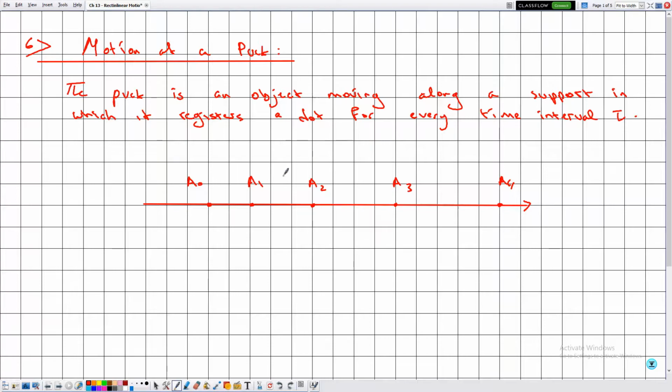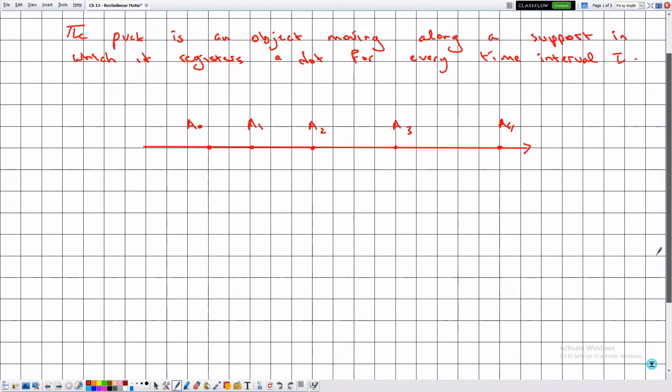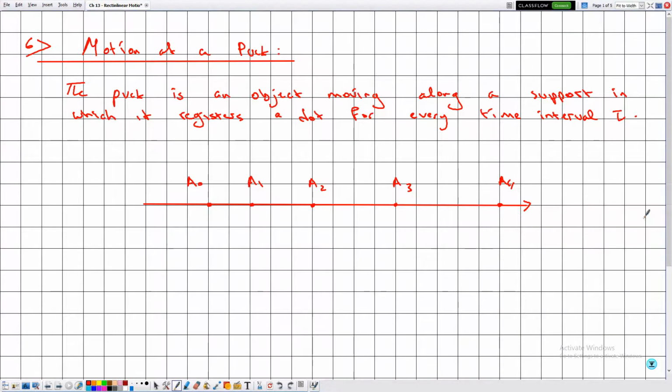In this case, we will refer to the registrations of these dots in order to determine the type of motion. Actually we will determine the type of motion by referring to the average velocity and the average acceleration.